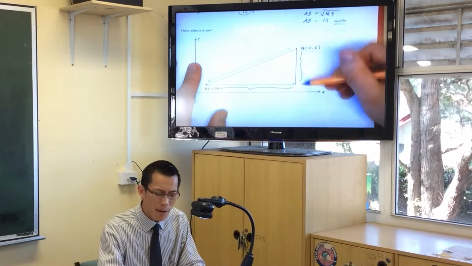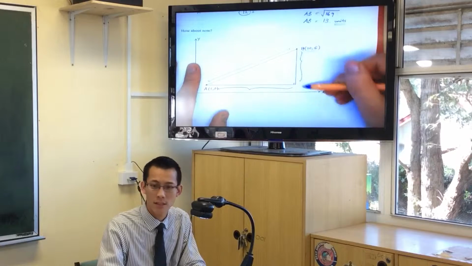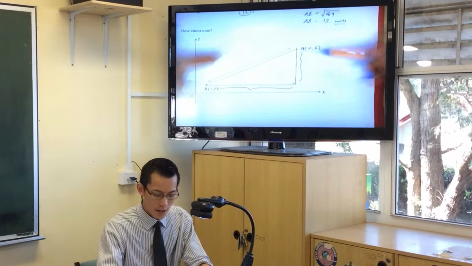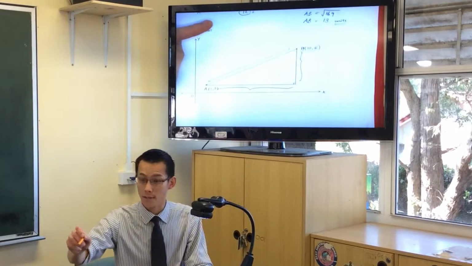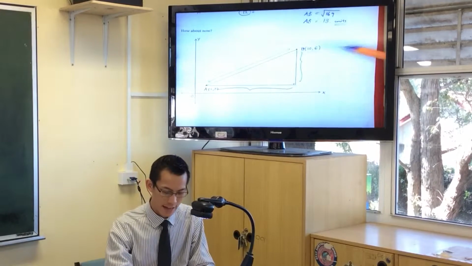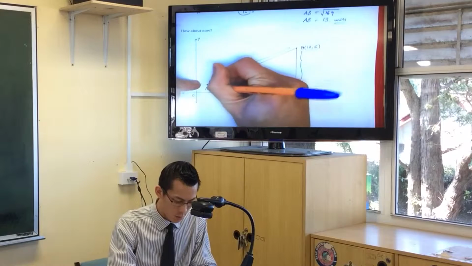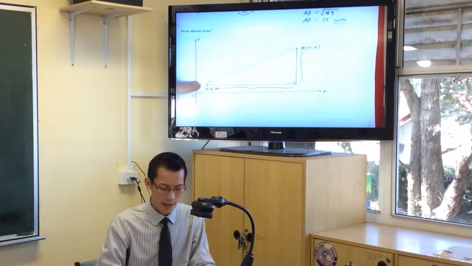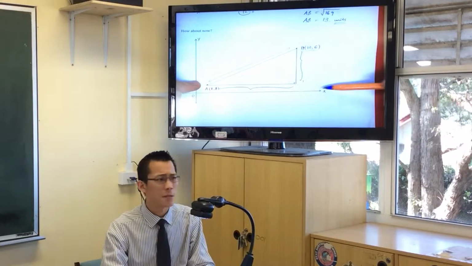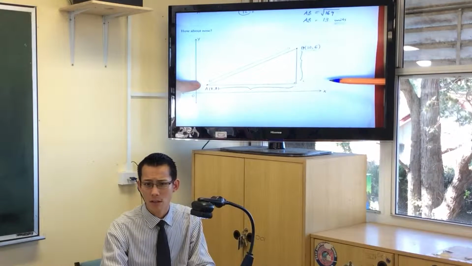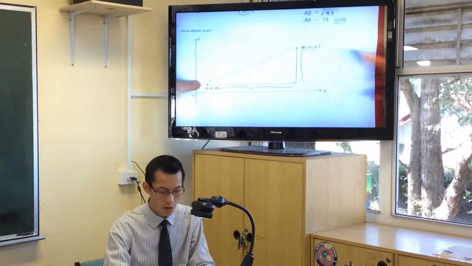Now, how do you go about working out this vertical distance? It's to do with rise over run, right? It looks just like that, doesn't it? You can see that it goes from, now this is 1, 1, isn't it? So rise is about the y coordinate, which is 6.